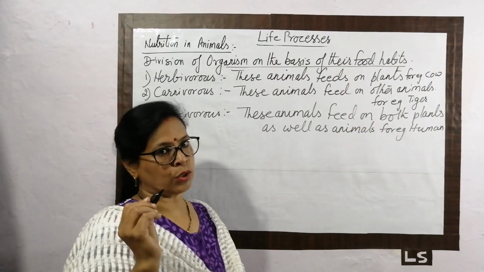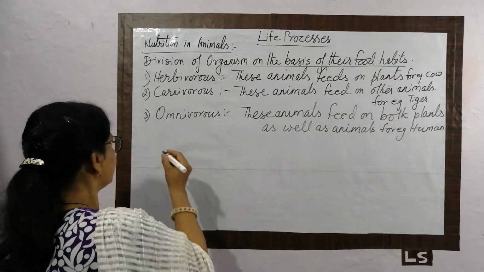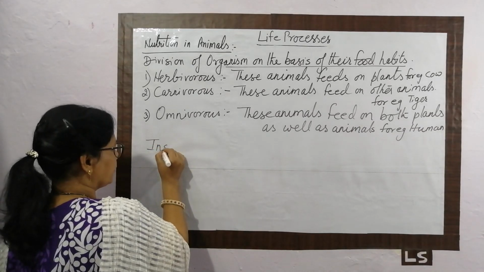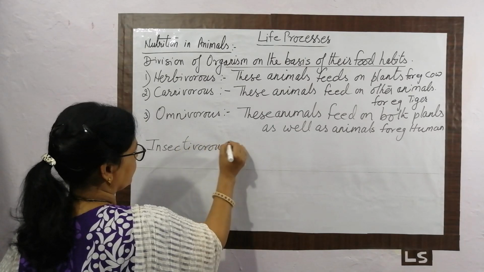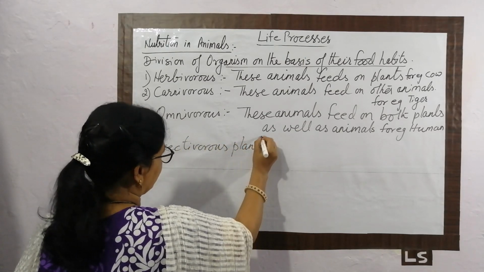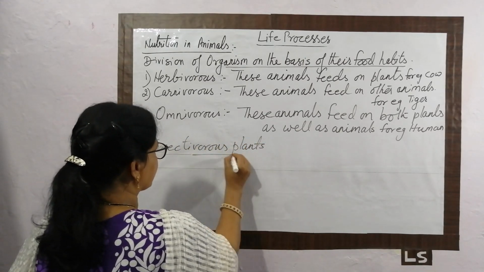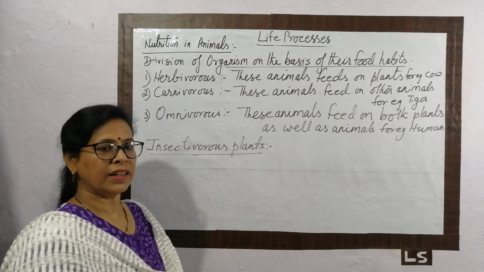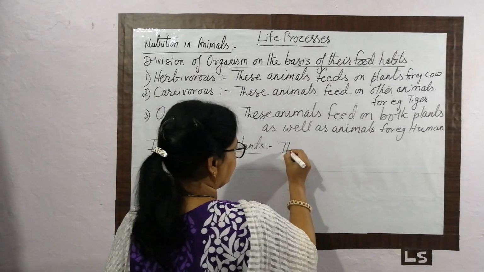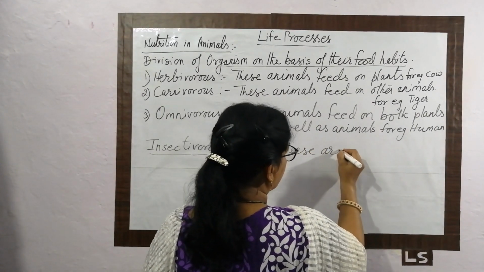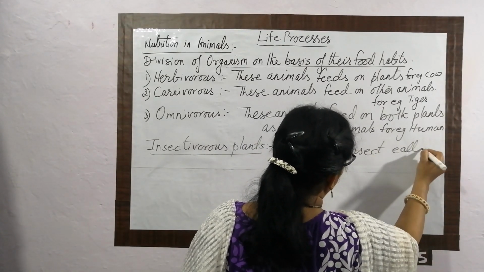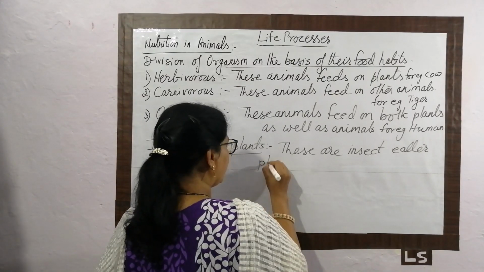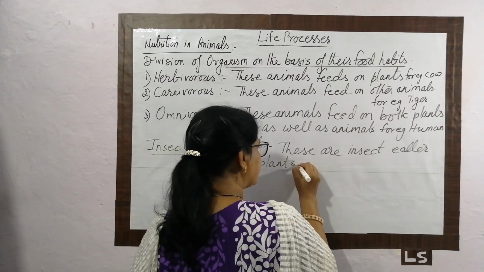One more important topic is left here, that is insectivorous plants. It is very clear from the name, insecti. These plants are insect eaters. Why do they feed on insects?